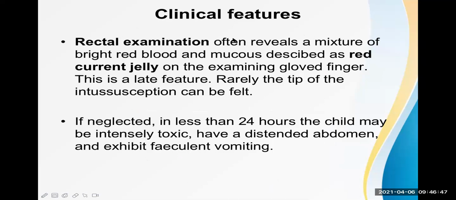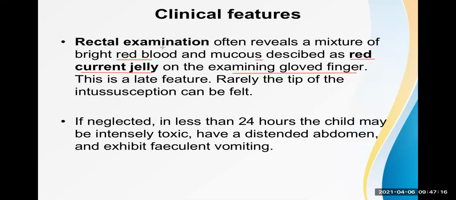Now, during examination, what do we get during the rectal examination, what are the findings? The rectal examination reveals a mixture of bright red blood and mucus, which is described as red currant jelly. Okay, remember this term, red currant jelly, which is seen on the examining gloved finger of the doctor who is doing that examination.